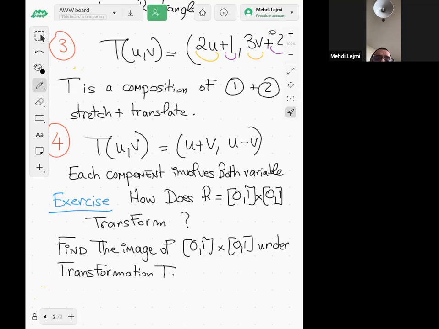But in the second example, the image of a square was a rectangle, and its area is larger than the original square. So we're going to see how the areas of the two regions relate. What will be the relation between the area of the two regions?